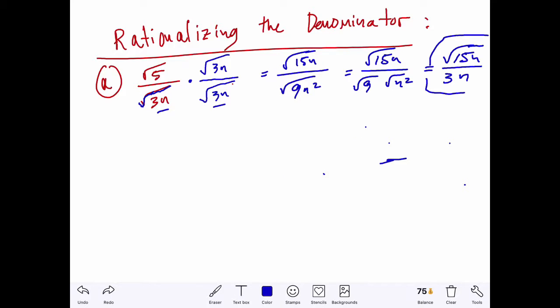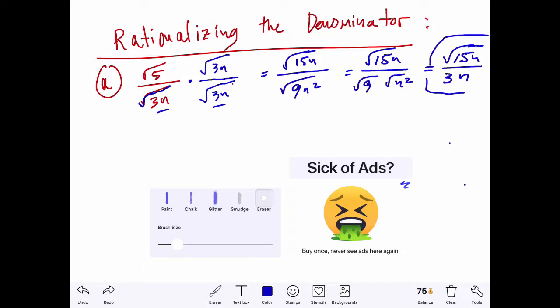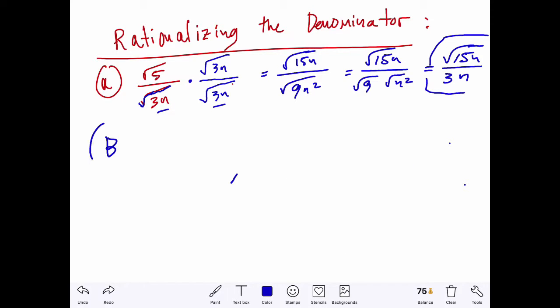Okay, let's do another one. Two over the cube root of 9.